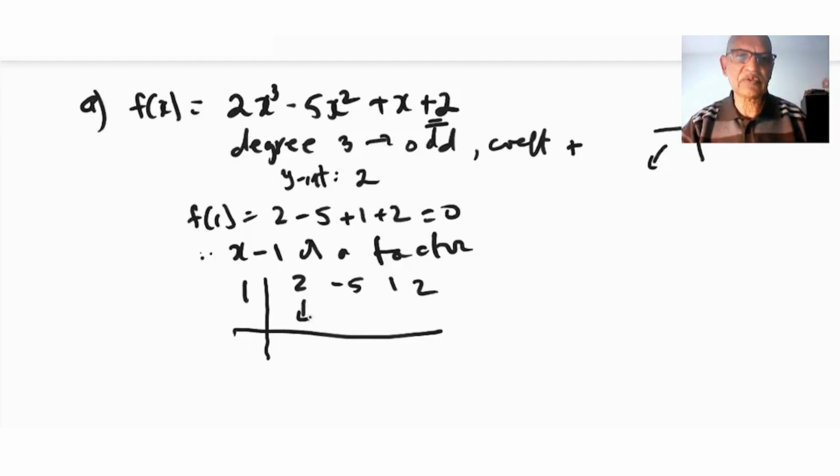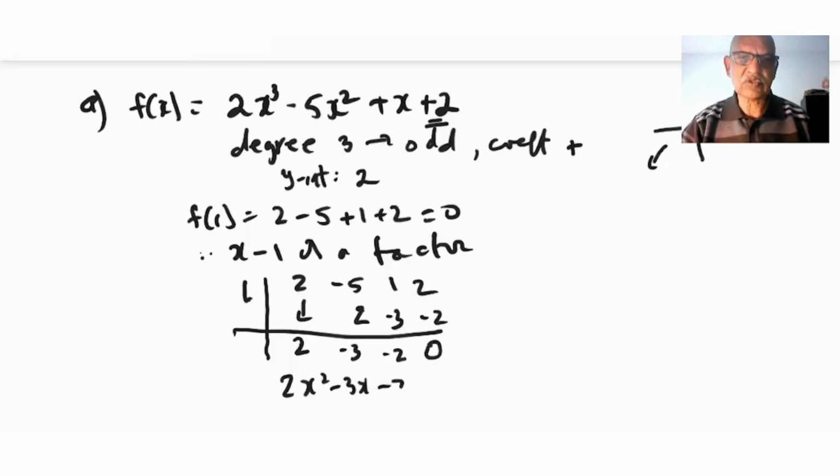I bring down 2. 2 times 1 is 2. I add: negative 3. Negative 3 times 1 is negative 3. 1 plus negative 3 is negative 2. Negative 2 times 1 is negative 2, which I expect to be 0. I add, and I get 0. So this will be 2x squared minus 3x minus 2, because the highest degree was 3 and this will be 2. So I factor this one now.